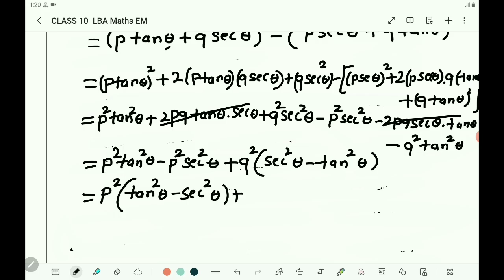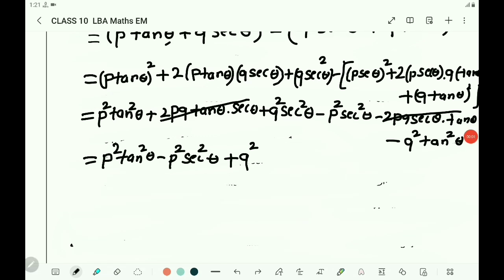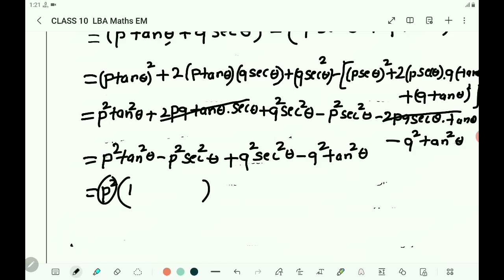Here also q square secant square theta minus q square tan square theta equals, remove p square in the bracket. Here p square is common, remove that outside in the bracket.